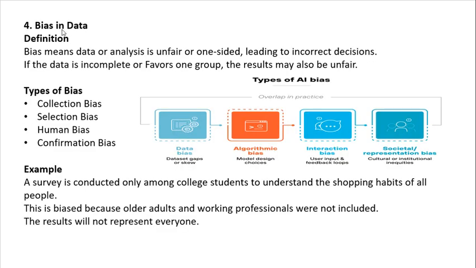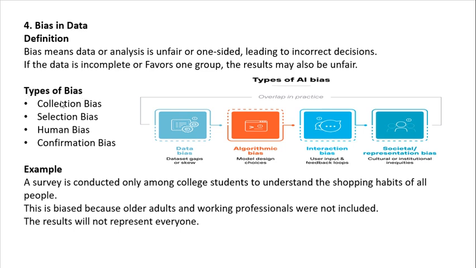Fourth is bias in data. Bias means data or analysis is unfair or one-sided, leading to incorrect decisions. If the data is incomplete or favors one group, the results may also be unfair.